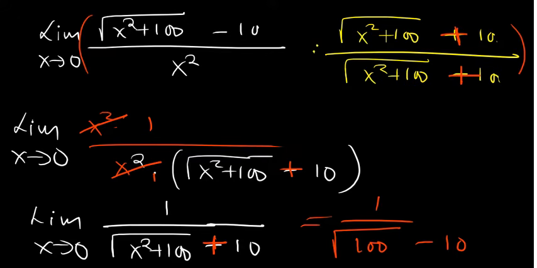I apologize for obvious mistakes. Okay. So root of 100 is 10. So we have 1 over 10 plus 10, 20. So this clearly shows we all make mistakes. So learn from the mistakes, and check where you made a mistake and make sure your answer is right before submission.